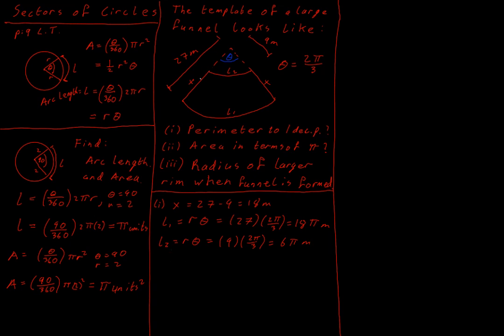So I have x plus L1 plus x plus L2 gives me the perimeter of my funnel template. So the perimeter is going to be x plus L1 plus x plus L2. Very good.